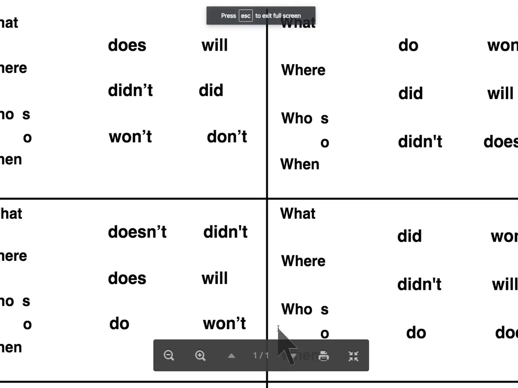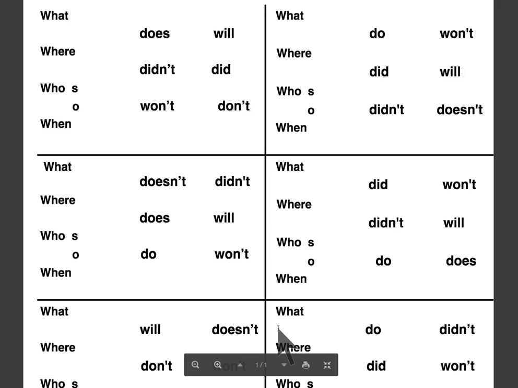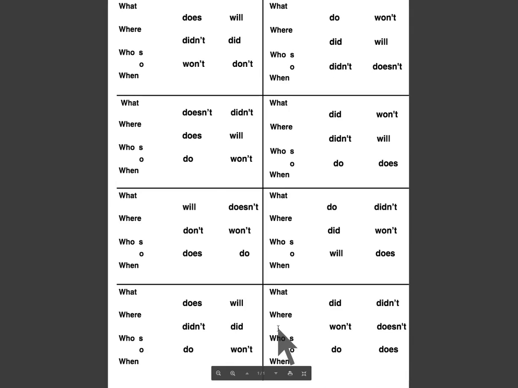This is a printout that I get for the students. This is a PDF, which I'll show you where to get later. Basically, you can cut this in 8 and you give them to the students. One student gets this, one this, and so on. Each of these you'll see is different.